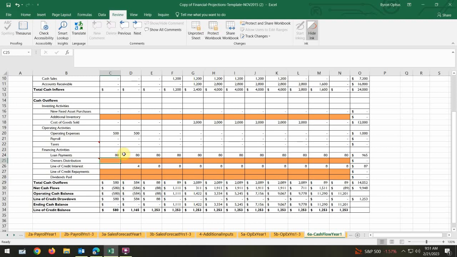So a distribution is just that. It's taking some portion of that income. Sometimes, and believe me, I saw that happen too much, the owners took more than what the company made. And of course, they usually didn't last very long if that was the case.